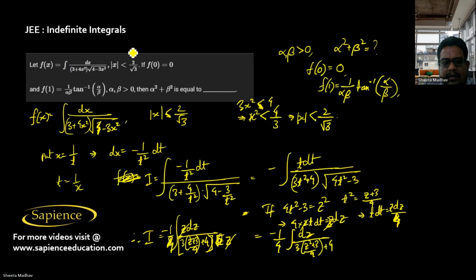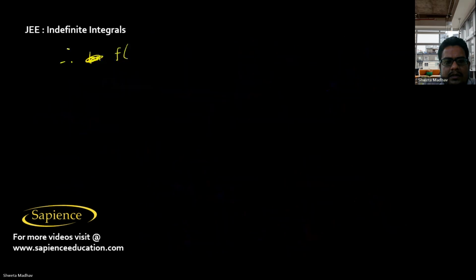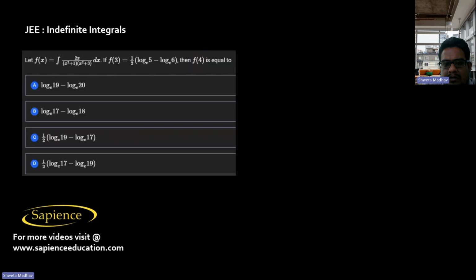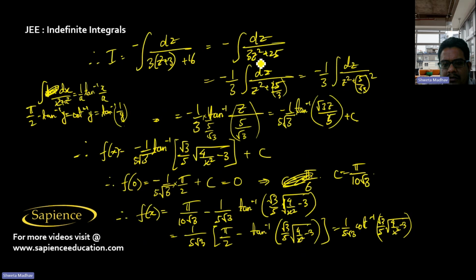So f of x is 1 by (5 root 3) cot inverse of root 3 by 5 root over ((4 minus 3x square) by x square).